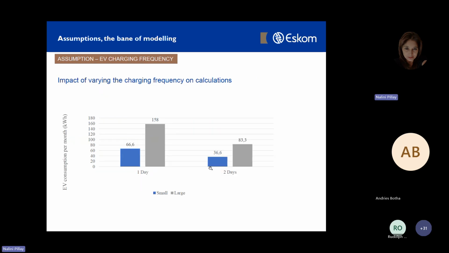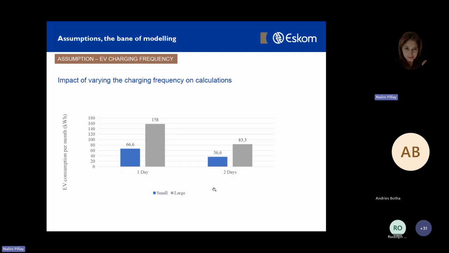The other assumption that we tested was looking at your charging frequency. If you charge every single day, and obviously this becomes a major issue if you're talking national numbers. This is just for a single household, but if you multiply it by the volume of EVs that we would expect, it becomes very significant and important.